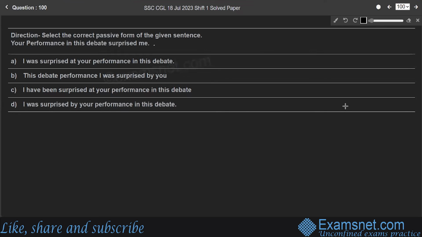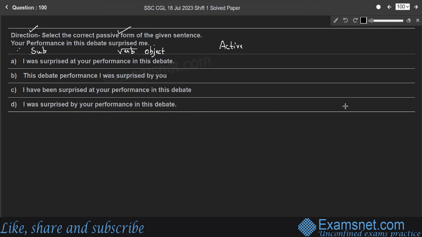Question 100. Here the direction is, select the correct passive form of the given sentence. Here the given sentence is in active voice. Your performance in this debate surprised me. Here the subject is your performance, right? Surprised is the verb and me is the object, right?